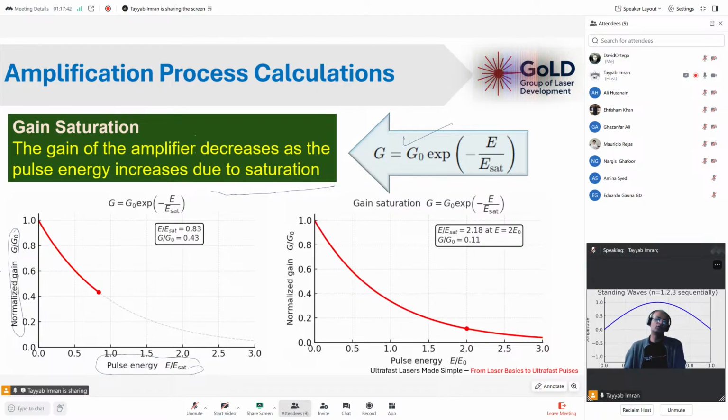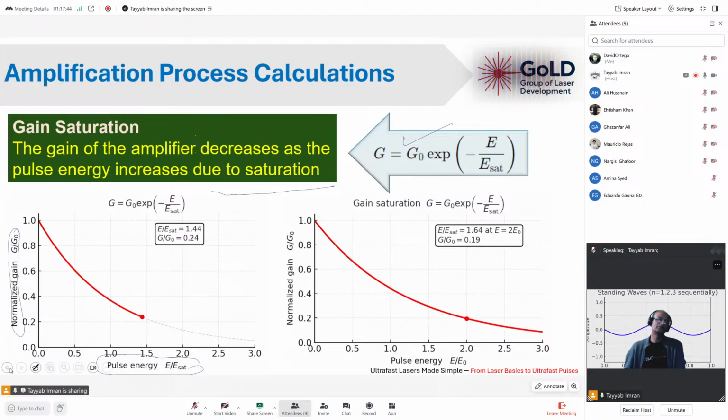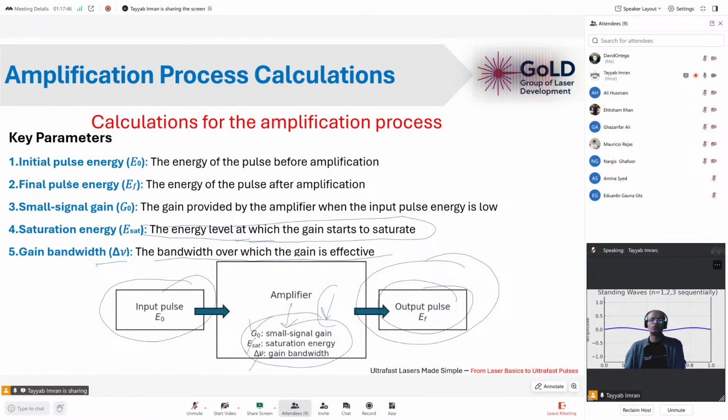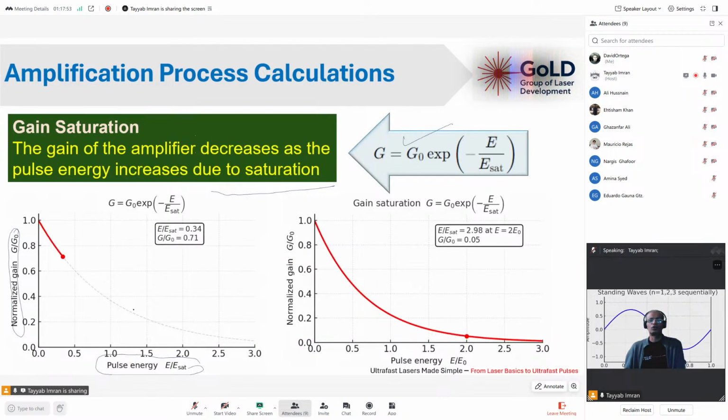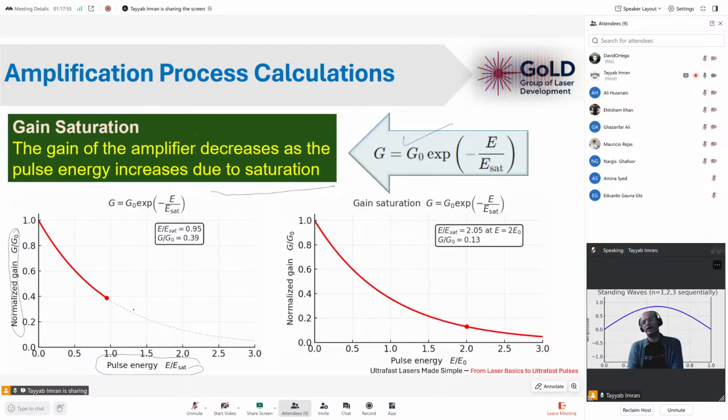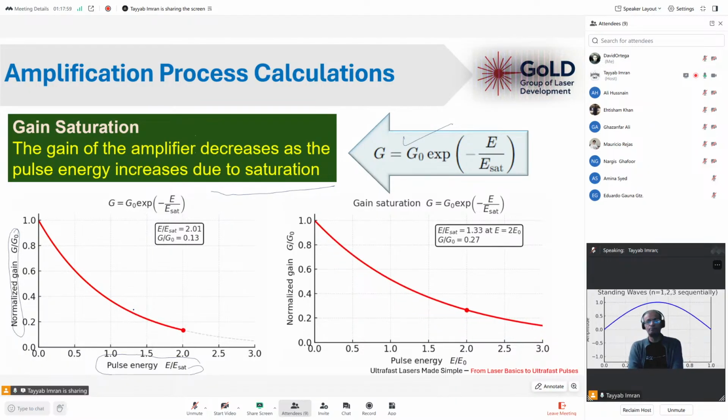If you go back, the small signal gain is G naught. So G over G naught is the actual gain over the small signal gain.